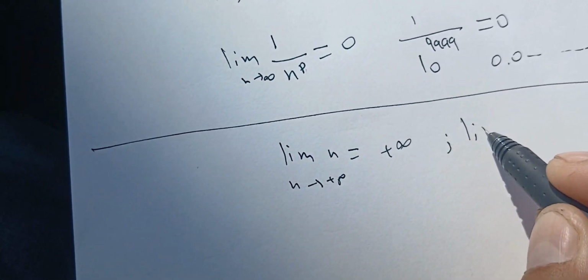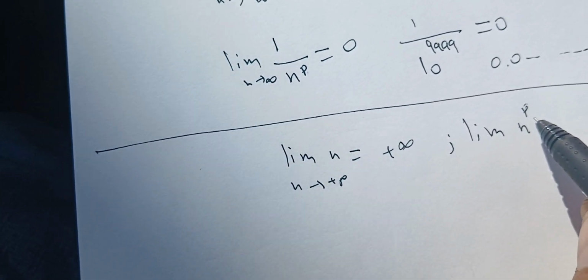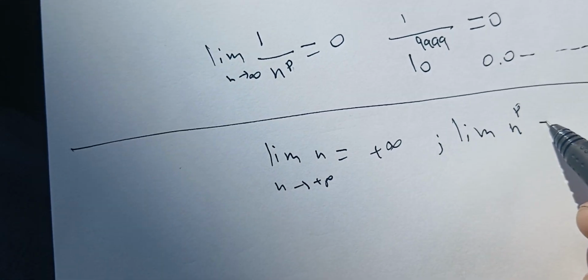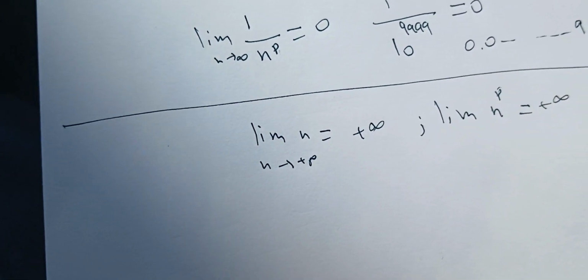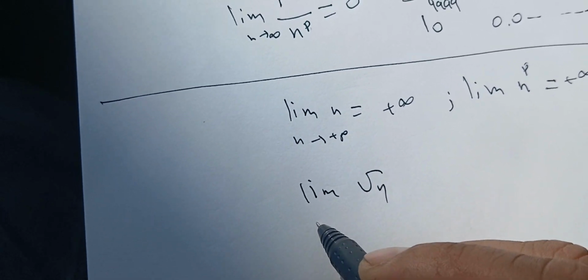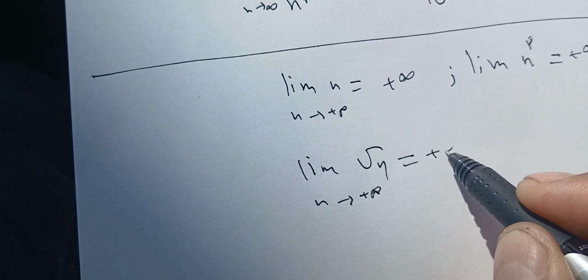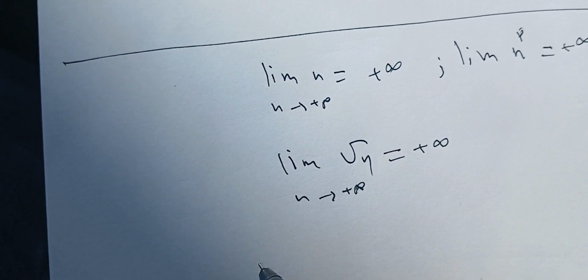The same thing for n to the power p when p is a positive integer, so it's plus infinity. Another one is square root of n, with n positive, so it's plus infinity.